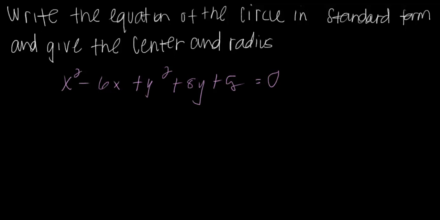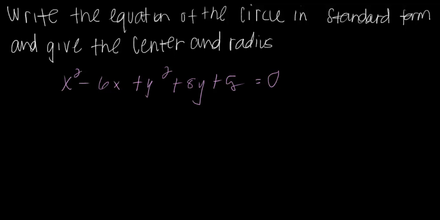In this example, we're writing the equation of a circle in standard form, and we have to give the center and the radius at the very end when we are done. Right now, the equation of the circle in pink that you see is given to us in general form, but we're wanting it in standard form.